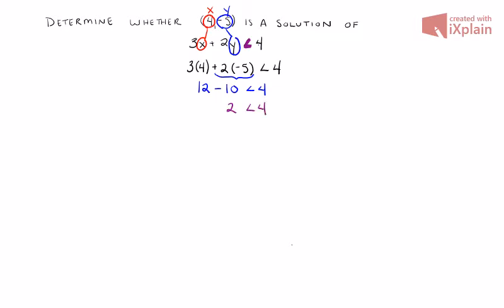The question you want to ask yourself at this point is, is this a true statement? Take a step back, look at the inequality you've built, and ask yourself, is 2 less than 4? Hopefully we're saying, yep, that checks out.